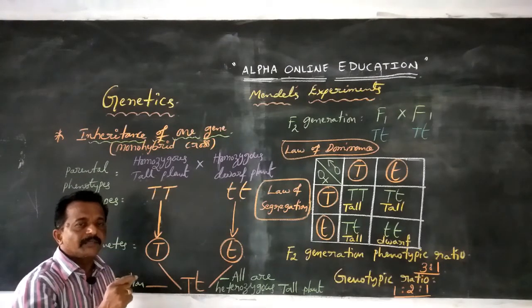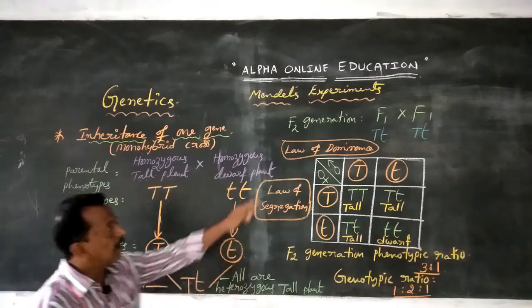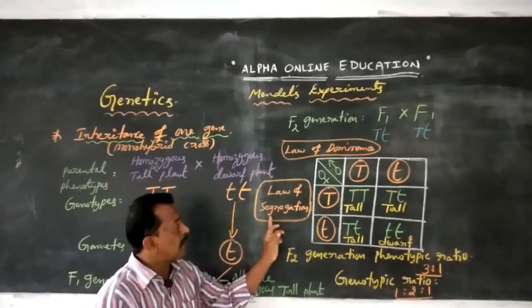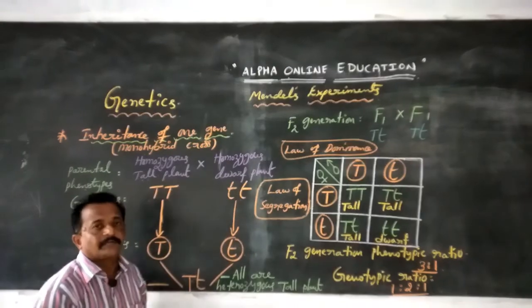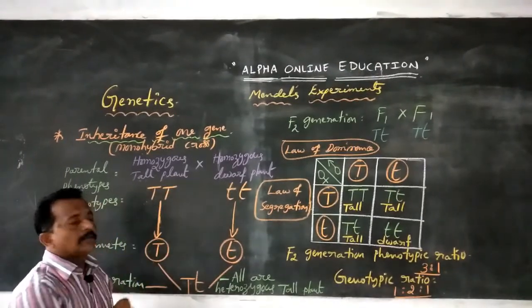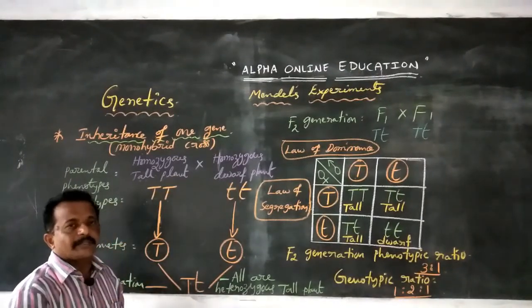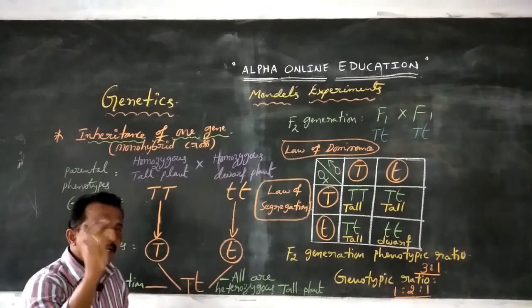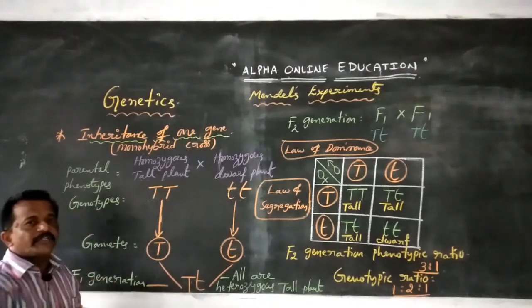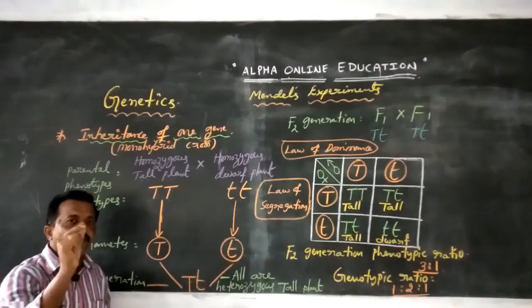The first is the law of dominance, the second is the law of segregation. Both apply in the F1 generation.